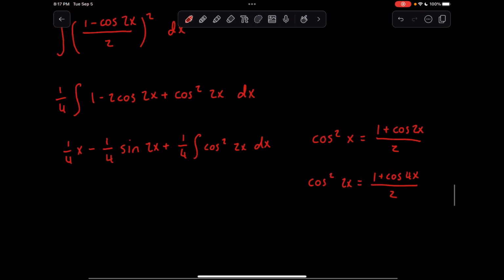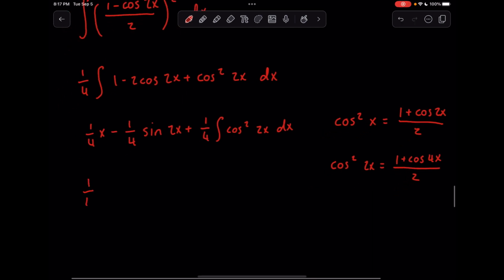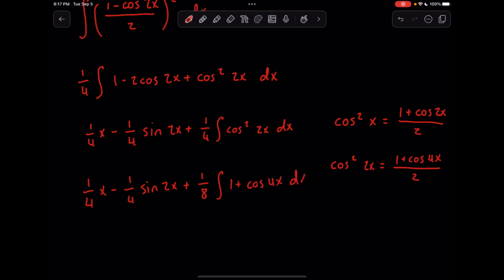And so I'm going to go ahead and move this 2 and multiply it by the 1/4 out in front. So let's go ahead and rewrite this as 1/4 x minus 1/4 sine 2x plus 1/8 integral of 1 plus cosine 4x dx.